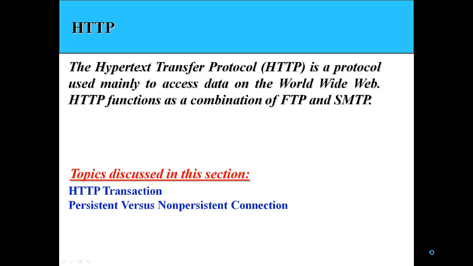So now let's talk about HTTP, or Hypertext Transfer Protocol. This protocol is used mainly to access data on the World Wide Web. HTTP functions as a combination of FTP and SMTP. So what we're going to talk about is HTTP transaction and persistent versus non-persistent connections.